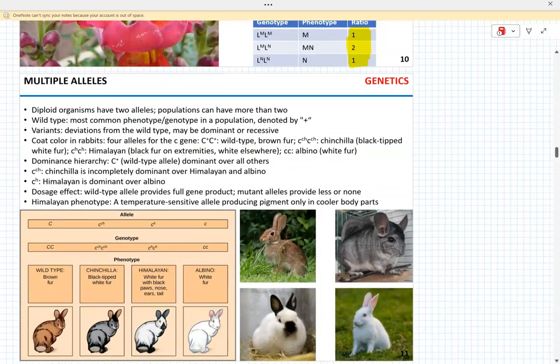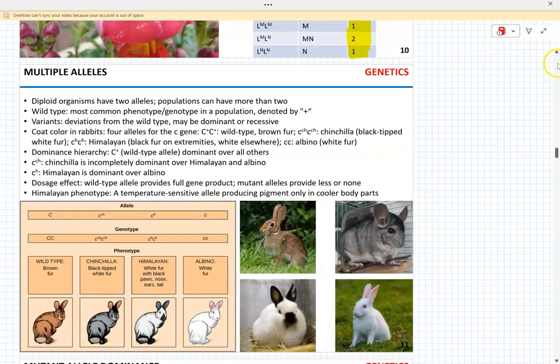Another situation that we can observe is the phenomenon of multiple alleles. Most organisms have just two different alleles, but within the population you can have more than two variants of the same gene. The wild type is often denoted as plus, showing that it is the most common phenotype and genotype, meaning that it is the most dominant one.